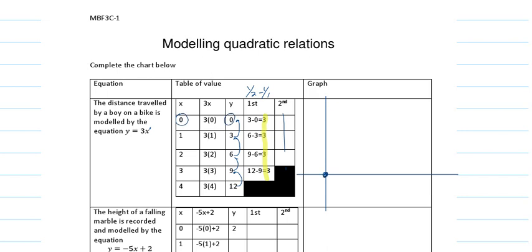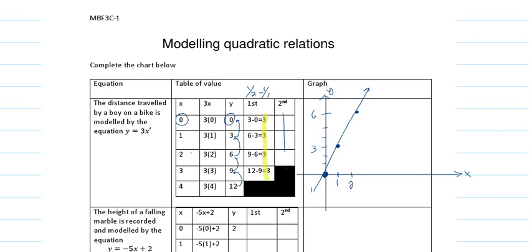So if I go 1 on the x, I go 3 up. If I go to 2, it's 2, 6. And then I can graph the line. So that's a straight line.